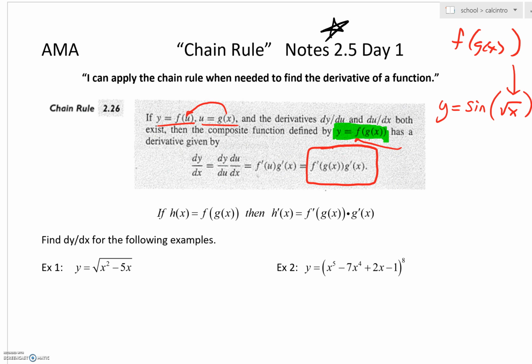The derivative of the outside, but then we're going to multiply that to the derivative of the inside. The derivative of that outer function, and you're still going to have the same composition. You're going to have g of x still inside of it. But then you're going to multiply that to the derivative of the inside.